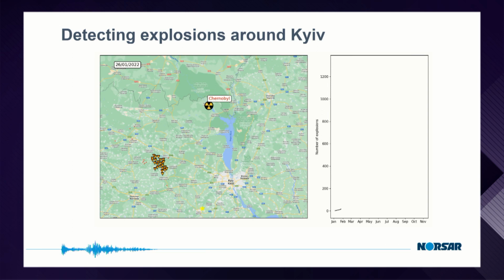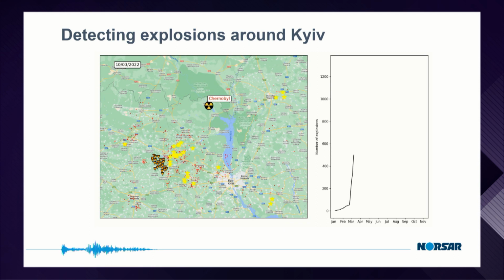These are from mines and from quarries that exist in the region. So we're even detecting these sorts of explosions. And as we get to the 24th of February, we're going to see a step change in the amount of explosions that we detect. So we're coming up now, and we start to see all the activity that we detect.